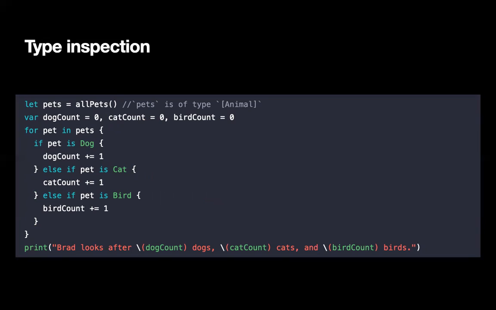For pet in pets, if pet is a Dog, dogCount will be increased by 1. Else if the pet is a Cat, catCount will be increased by 1. And else if the pet is a Bird, birdCount will be increased by 1. It will print that Brad looks after dogCount dogs, catCount cats, and birdCount birds.